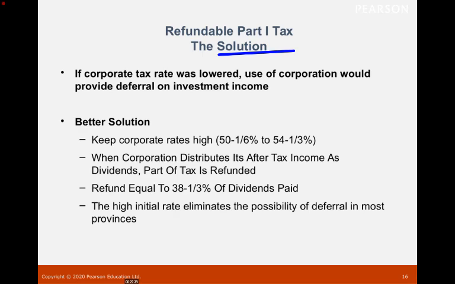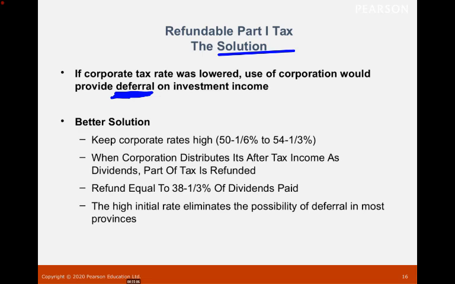What is the solution? Well, one, if the corporate tax rate was lowered, the use of a corporation would provide deferral on the investment income. This is what this whole thing is all about. Deferral. Remember, in a corporation, we have control of the timing of when the individual pays the personal portion of the tax.